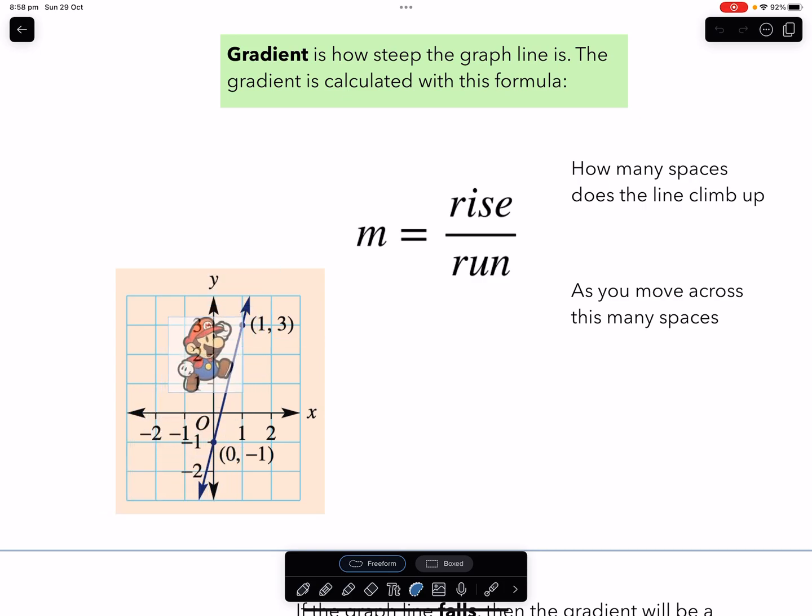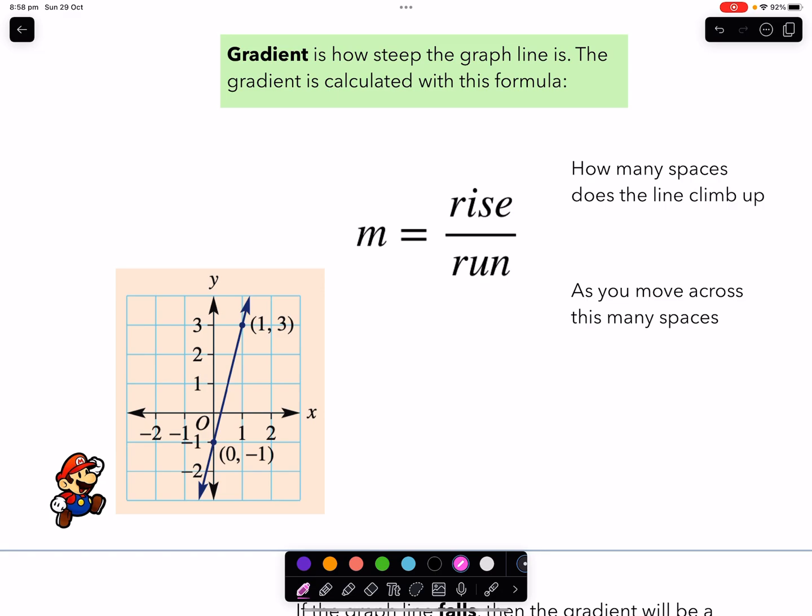It's quite steep, so we're expecting a relatively big number, like a 3 or a 4 or a 5, from my prior experience. So we're going to do the calculation now. I'm expecting a positive number, around 3 or maybe 5.